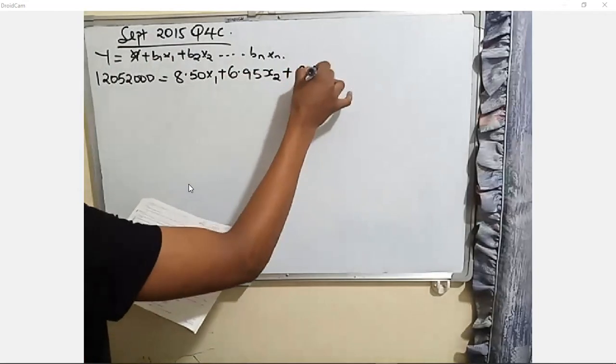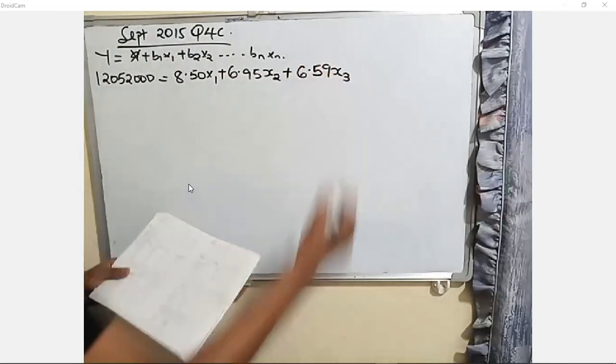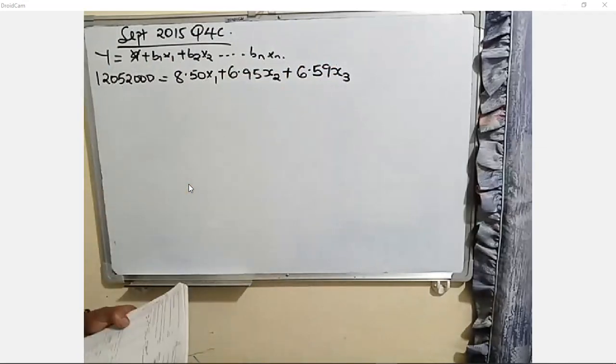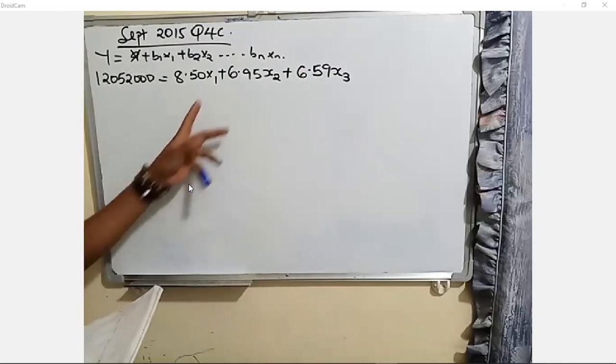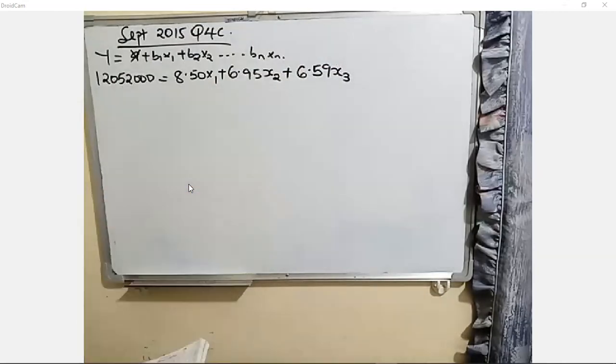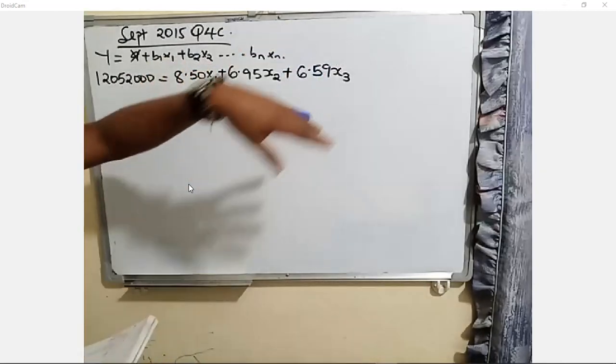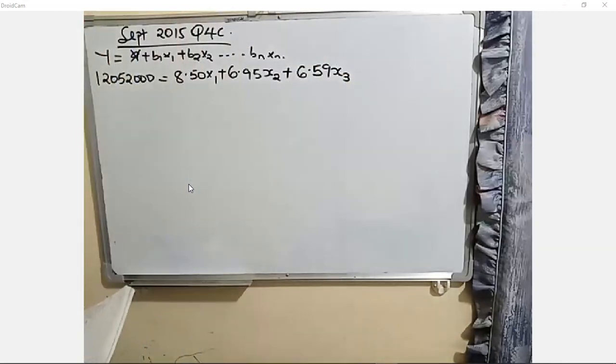Someone can ask me, where are these things coming from? The x represents the independent variables. We have the independent variables which are labor, materials, and orders. They are being represented by these x's. The coefficients you can see very well. We have b1, b2, and we can continue all the way to bn.